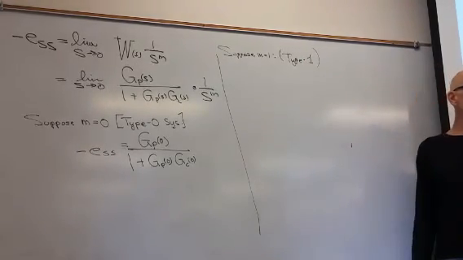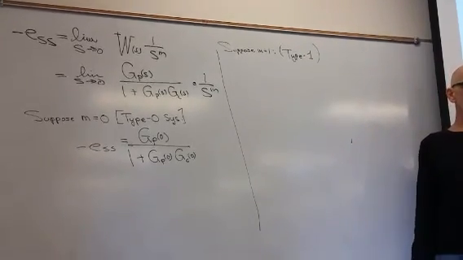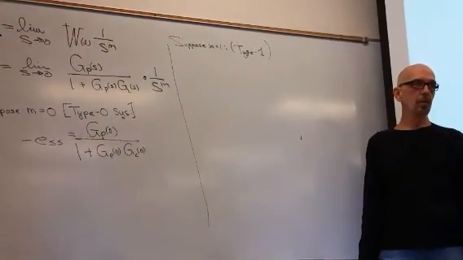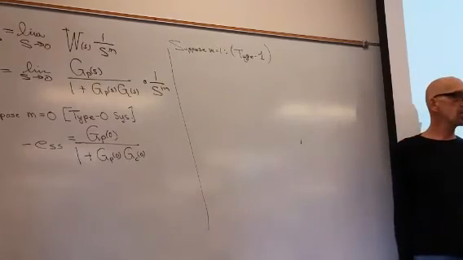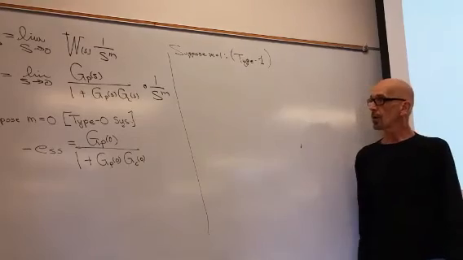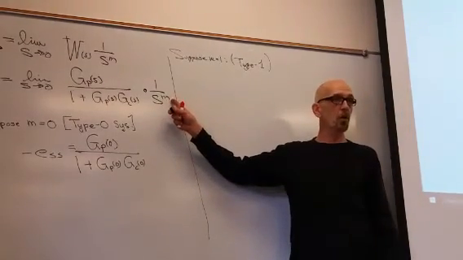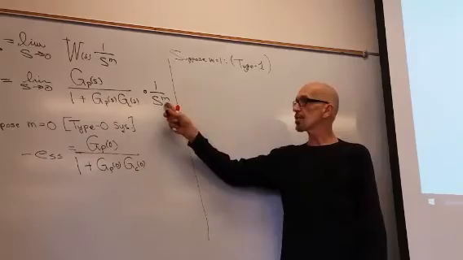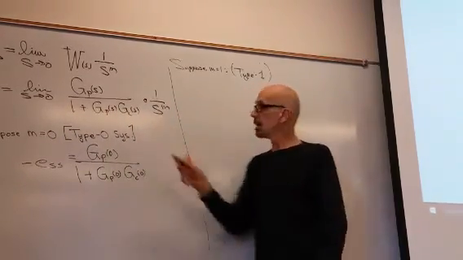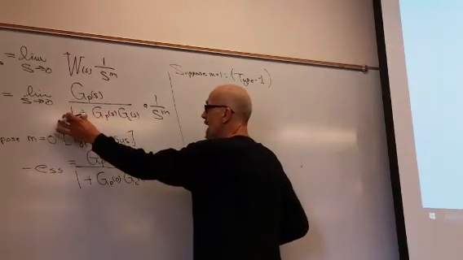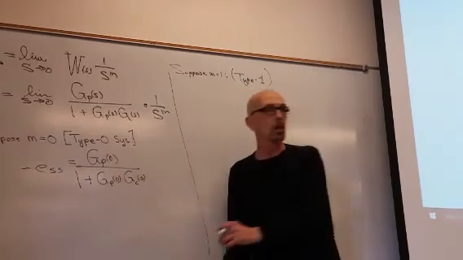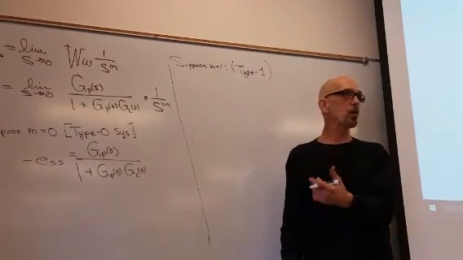Now what happens as s goes to 0? What happens as it's a type 1 system? You don't say it's 0 to the 1, which is 0. No, no, no. You take this and expand it through here. So when s goes to 0, this term is gone. 0 to the first power is 0.